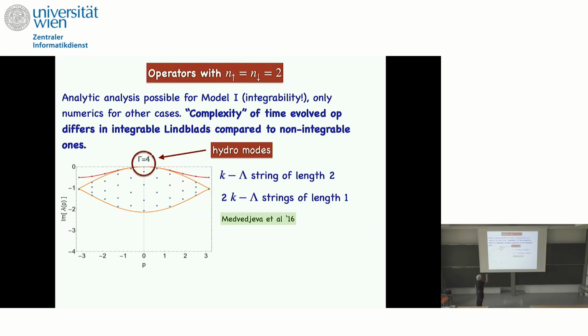But this is no longer true for the non-integrable ones. And the reason is very simple. If you have some asymptotic region for particles, you have two conservation laws. You have the eigenvalue, the quasi-energy, so that has to be fixed, and then the momentum.